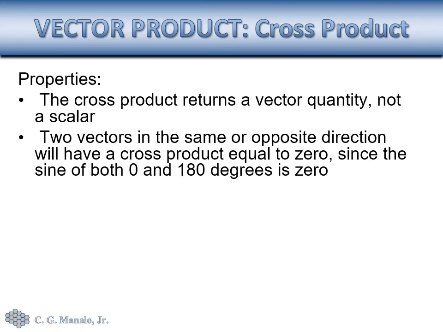Now two vectors in the same or opposite direction will always give you a zero, because of the sine of 0 degrees or sine of 180 degrees, in which case you have two vectors that are in opposite direction.